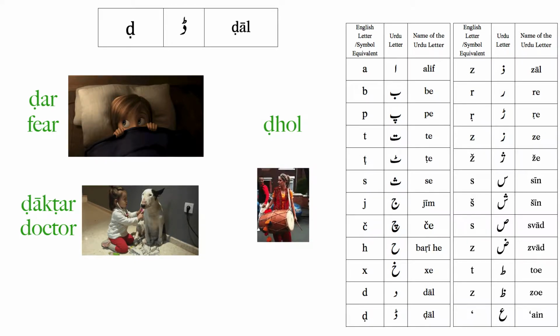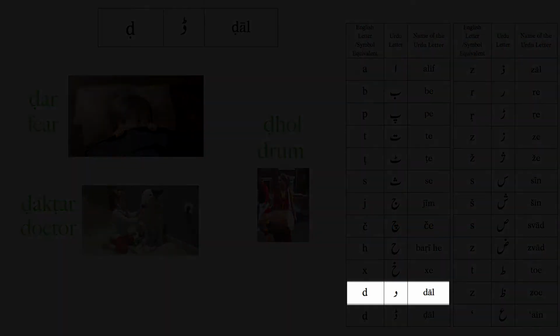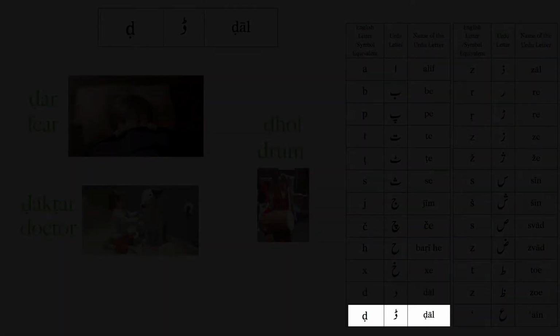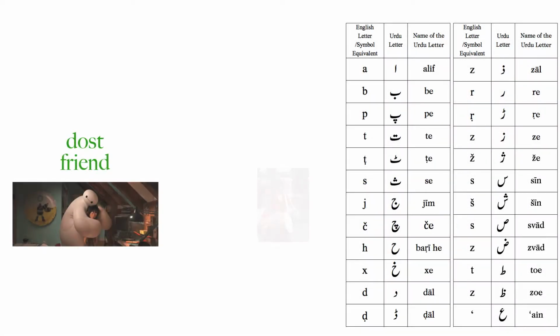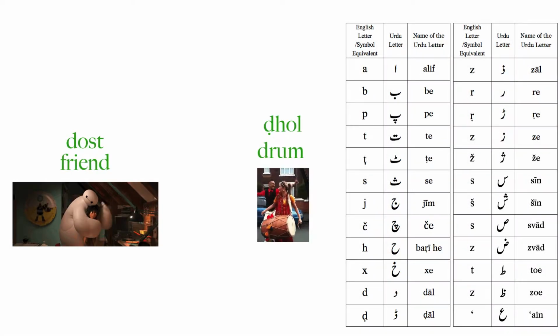Sound familiar? So, dhol means drum. So I don't know if you can hear the difference between dal and dal, or dost and dhol. But again, the second one is heavier.